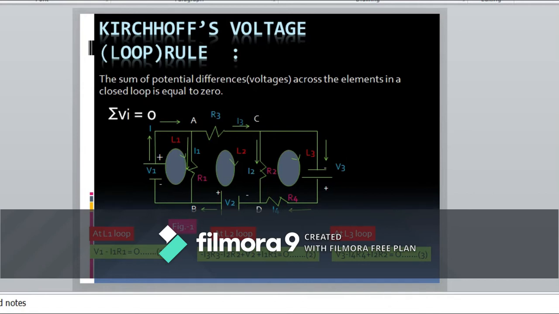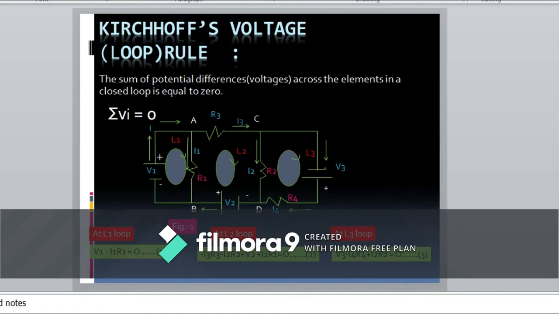In figure 1, there are three closed loops L1, L2 and L3 respectively. The direction of the closed loop is chosen along a clockwise direction. However, it can be chosen along anti-clockwise direction also. So choosing the direction is arbitrary.